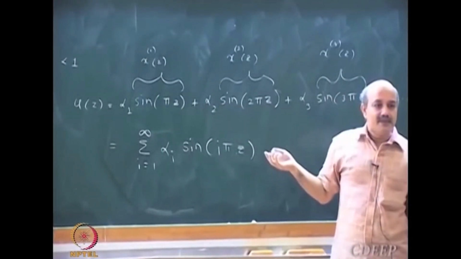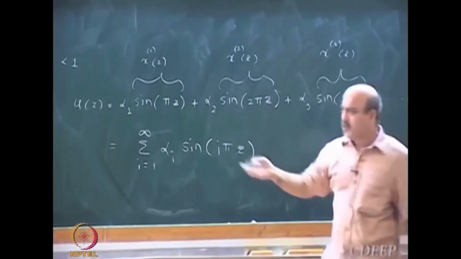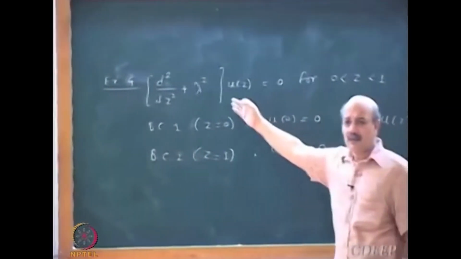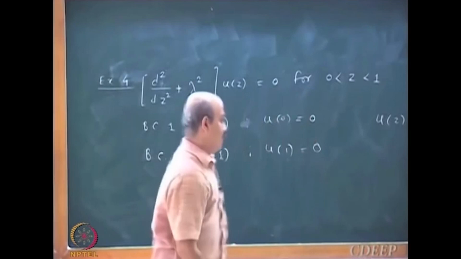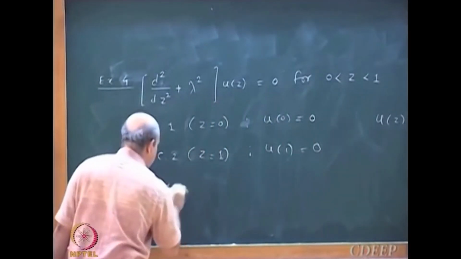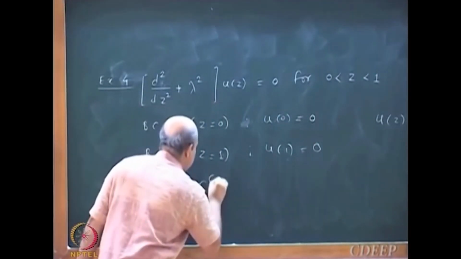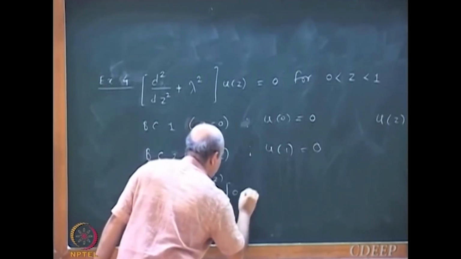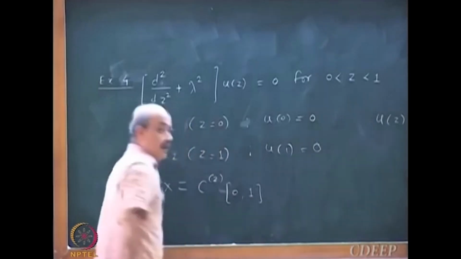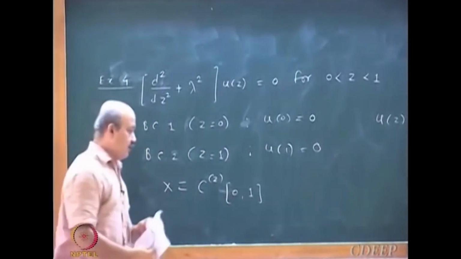Take a set S. Okay. What is the underlying space here? C2. Somebody said it. C2[0,1]. Okay. The underlying space here is C2. Well, you have to be careful when you write this notation.